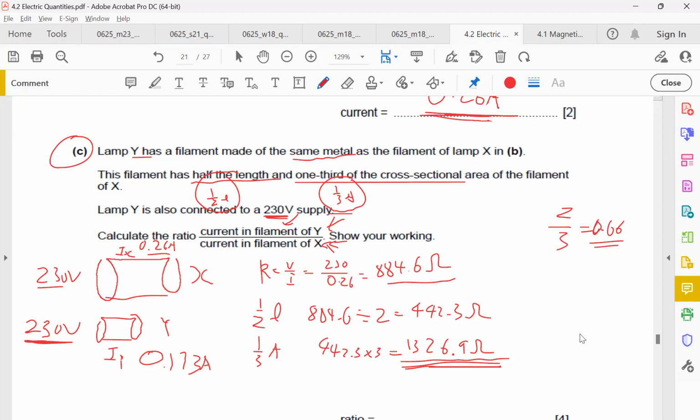The area is the opposite, so I feel it's not like this one. This resistance is for this wire, and this resistance is for this wire.